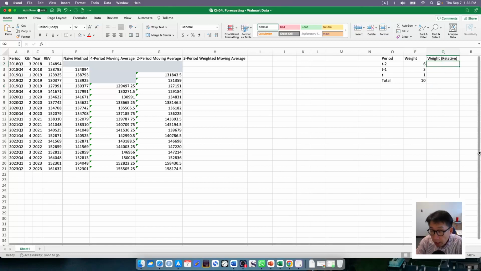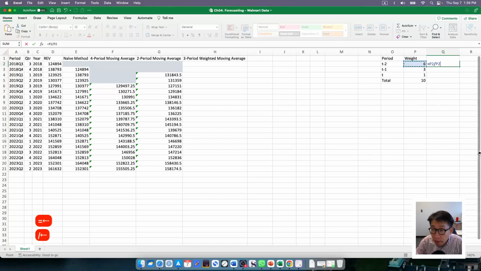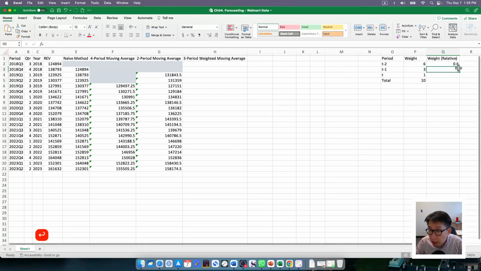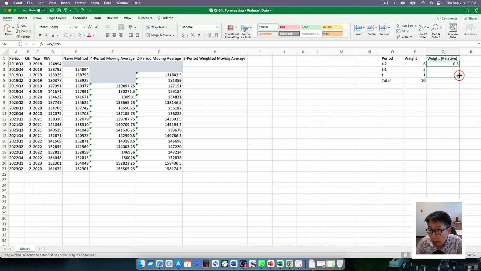I like to convert it into the relative weight to make the calculation a lot easier. So 6/10 is going to be 60%, 3/10 is 30%, and so forth. Once we got this relative weight measure, the total here is going to be 100%. That's why I'm calling this a relative weight measure.